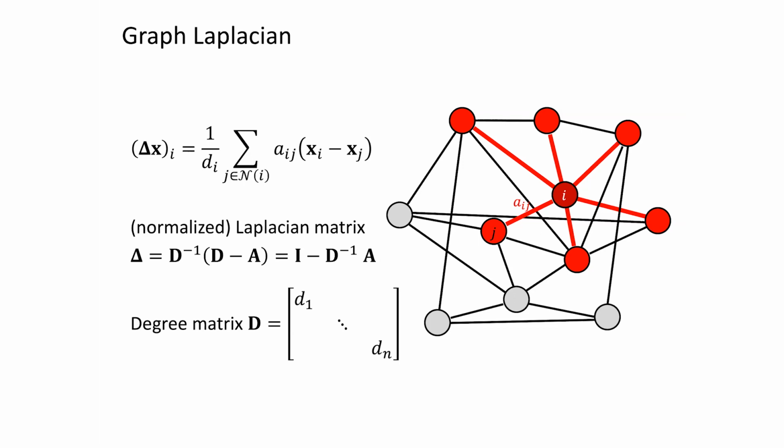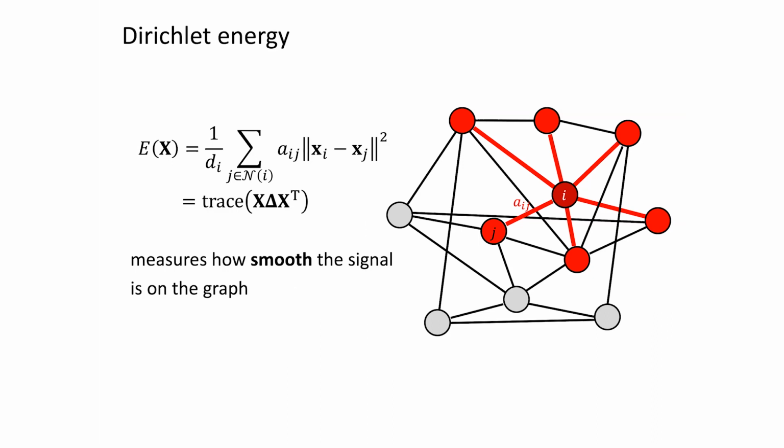Here, D is the diagonal matrix of the degrees of the nodes, and A is the adjacency matrix. The way that you can interpret the Laplacian, it allows us to measure how smooth the signal is, how significantly it changes when I move from one node to another, basically how different it is from its neighborhood. And this is what physicists sometimes call the Dirichlet energy.